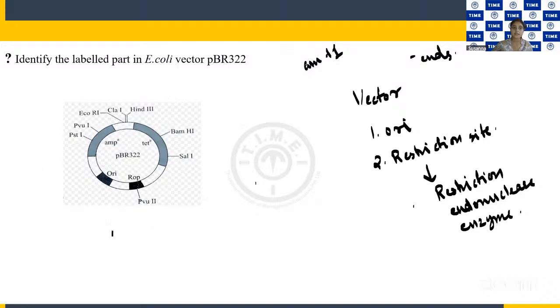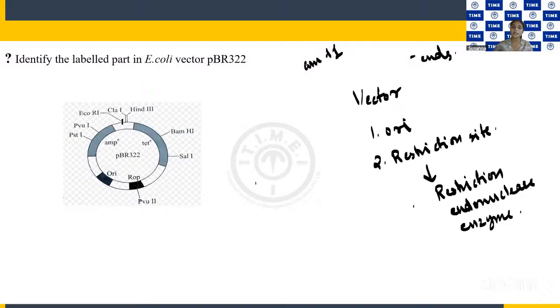All these are restriction sites for the given restriction endonuclease enzymes, at these specific regions of the pBR322 vector. See here, EcoR1 site we have, ClaI site we have, HindIII site we have. In this area we have BamH1, SalI.